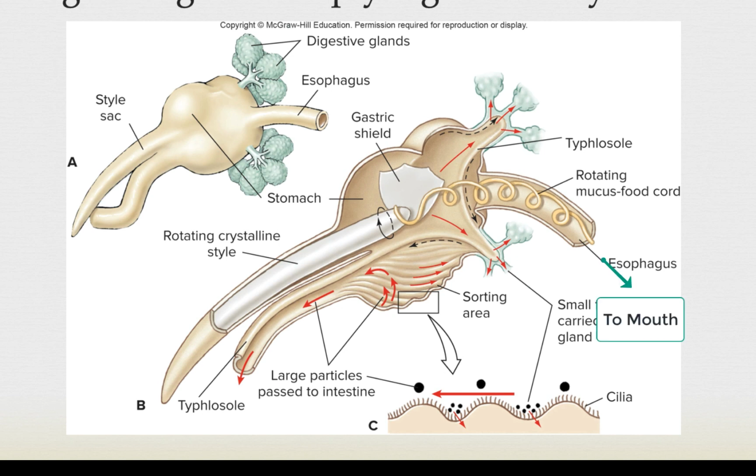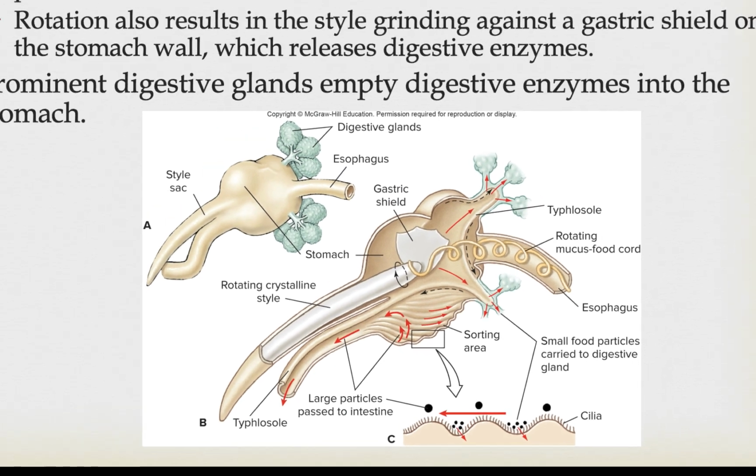We've got the esophagus, where we can see this rotating mucus cord drawing food into the body, which some of that is going to go to different parts of the stomach and intestines for digestion from the stomach here. But also, as the crystalline style rotates, it rubs against this gastric shield, which releases digestive enzymes that helps to break down the food that's being brought in.